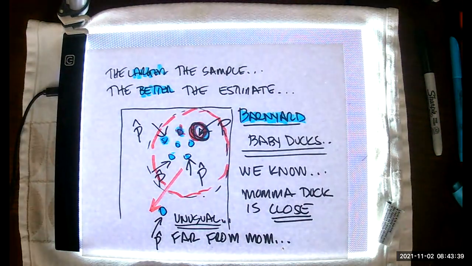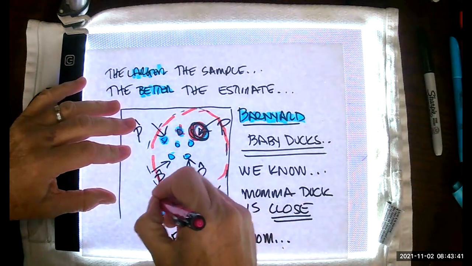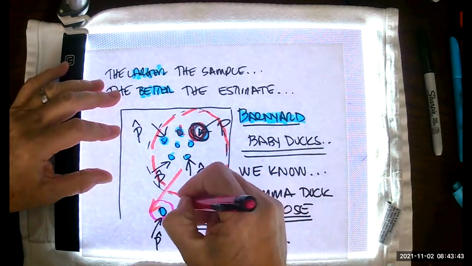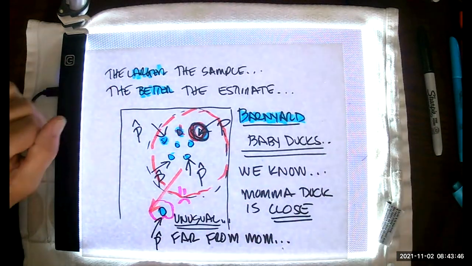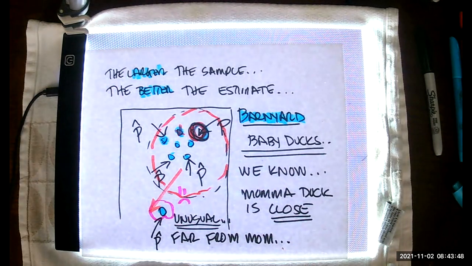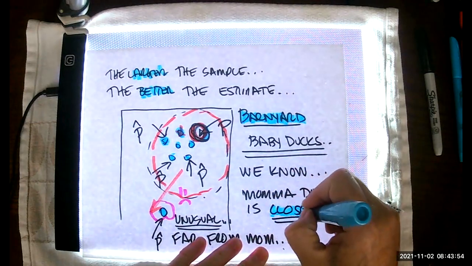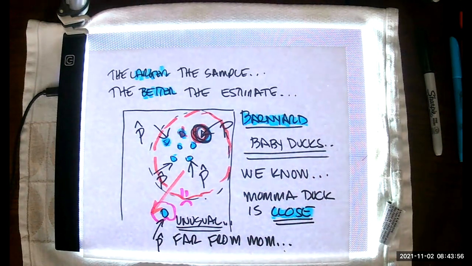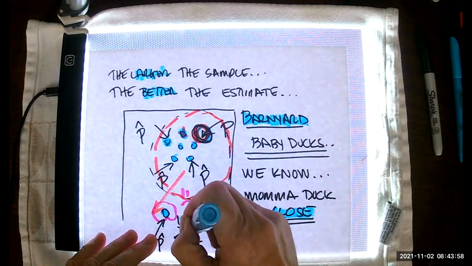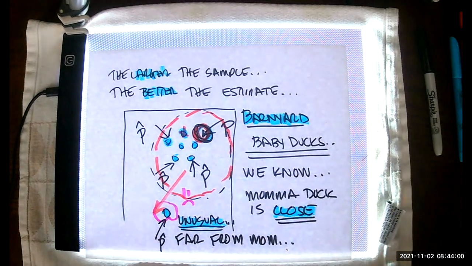Most of them do. On occasion, you might find a little baby duck far from Mama Duck. Oh no, don't get lost, little baby duck. But in general, if we see a bunch of baby ducks, we know that there is a mama duck close by. And it is highly unusual to be far from mom.